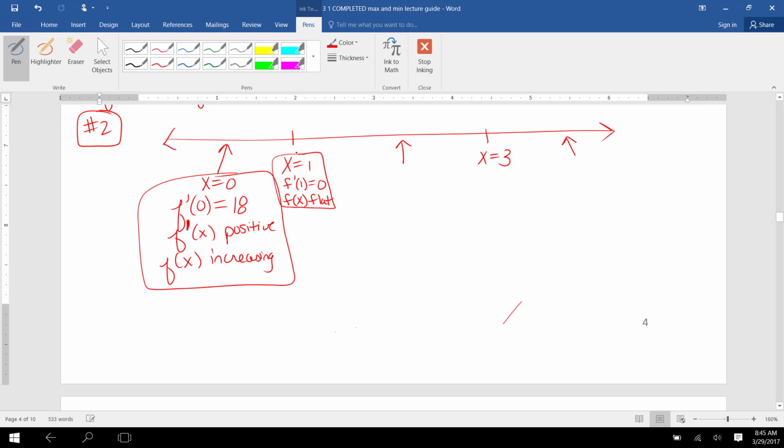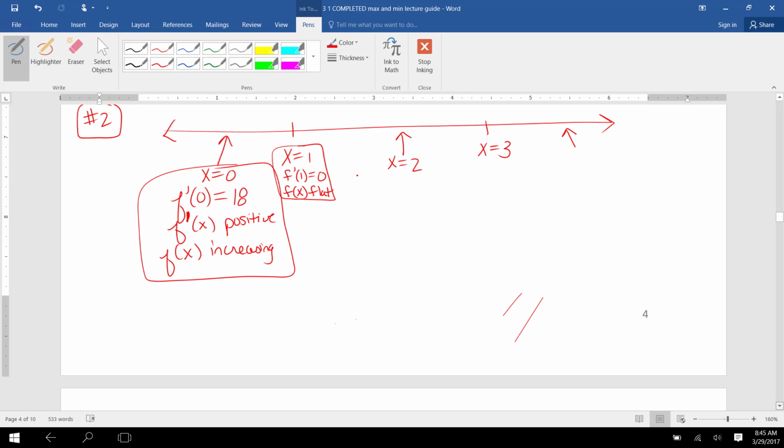Now I'm going to pick a number between X equals 1 and X equals 3. Any X will do, but I'm just going to pick X is 2. I'm going to take X equals 2 and plug it in the derivative function. This time I'll just show it here. If I have f prime of 2, that's 6 times 2 squared minus 24 times 2 plus 18.